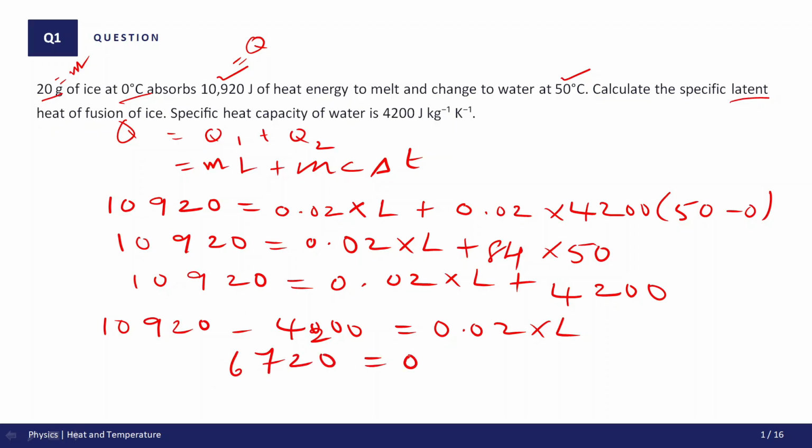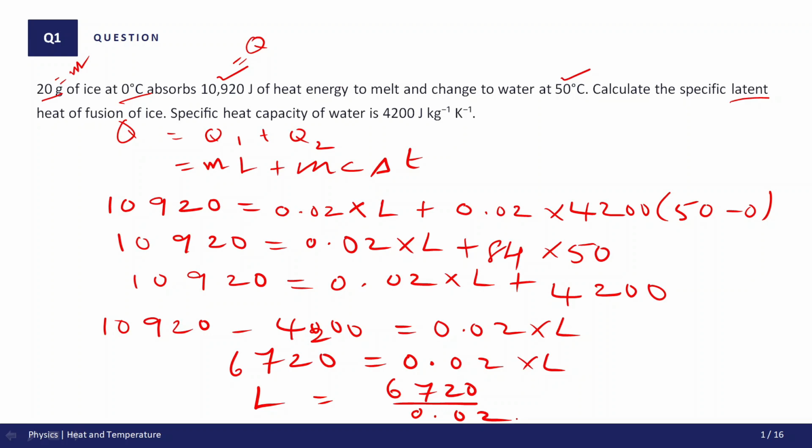6720 equal to 0.02 into L. Then L equal to 6720 divided by 0.02. Okay, let me see what will happen here.